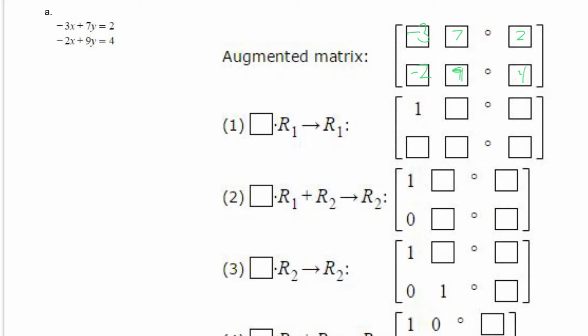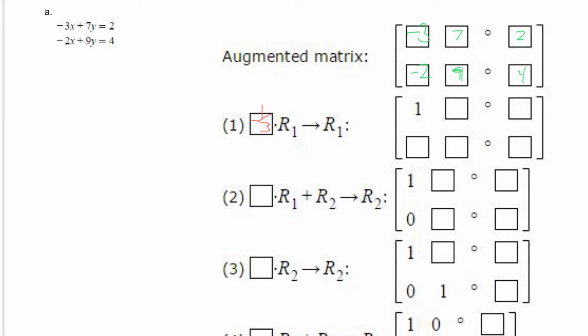So we are going to multiply row 1 by negative 1/3, and that's going to replace row 1. I'm going to take this negative 1/3 and multiply by everything in this row. Negative 1/3 times negative 3 will give me a positive 1, which I have right there.